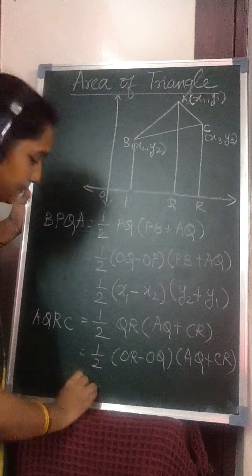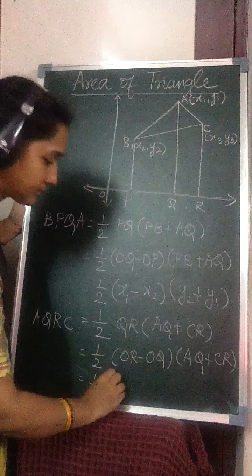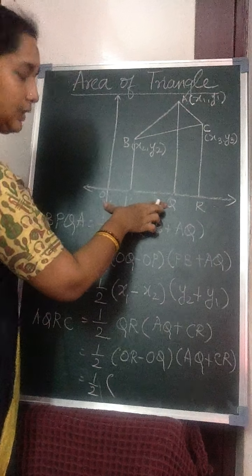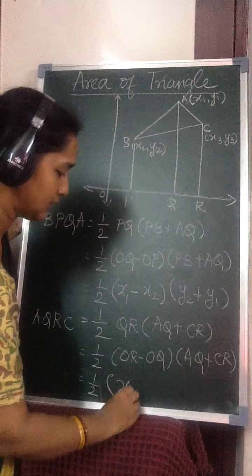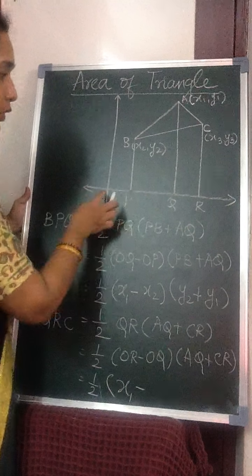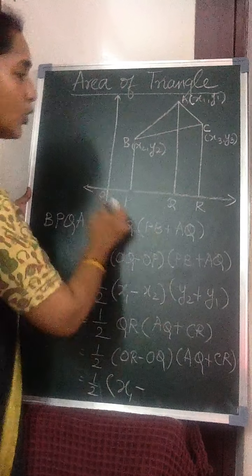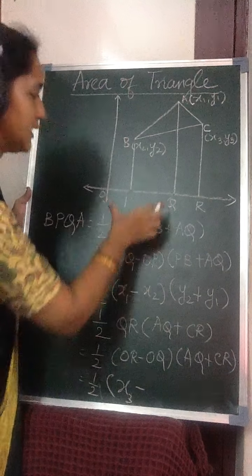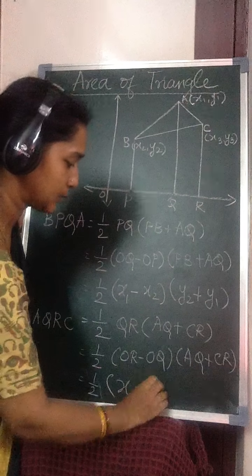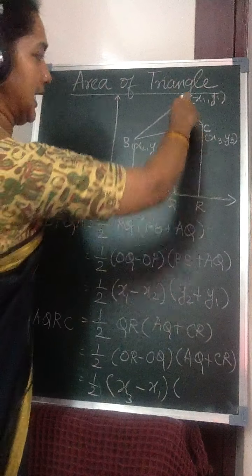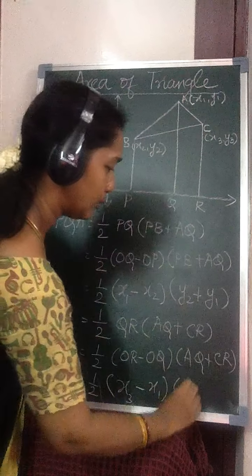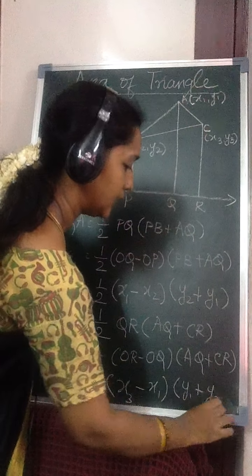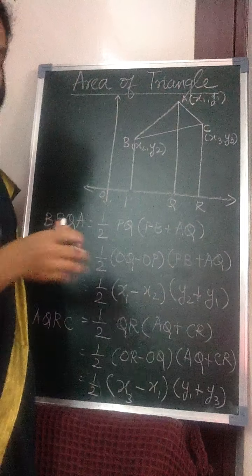OR is x3, OQ is x1, so half into x3 minus x1 into AQ, which is y1, plus CR, which is y3. Okay, understood.